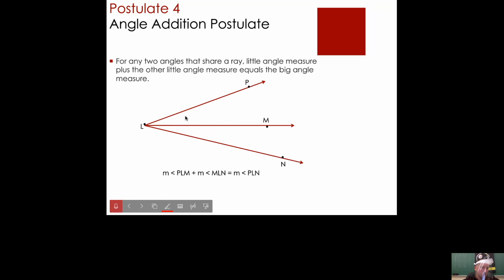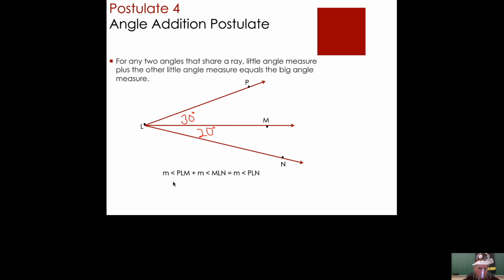So I'm just going to make up some numbers to make this easy. Let's pretend that angle is 30 degrees. That's angle PLM. Let's pretend the measure of angle MLN is 20 degrees. Now again, this is a really easy one.